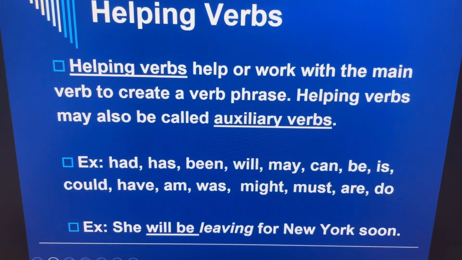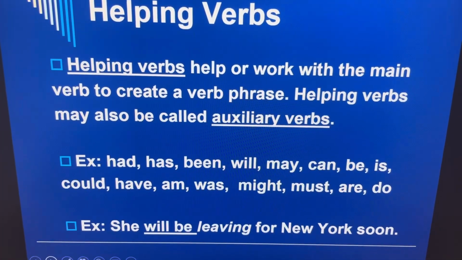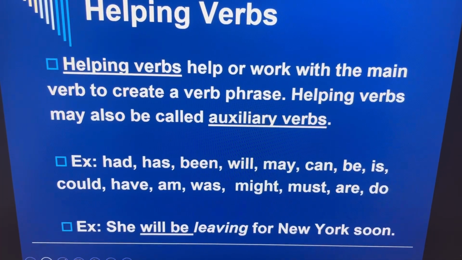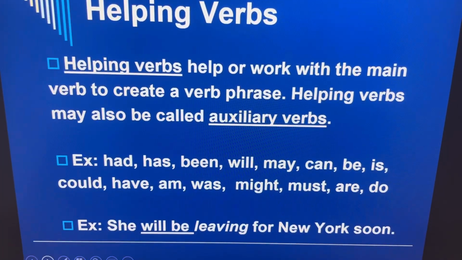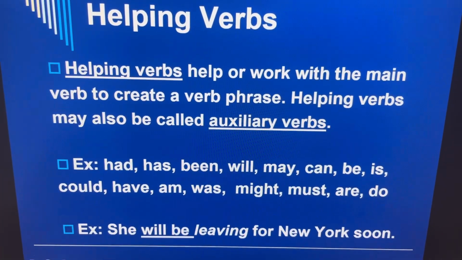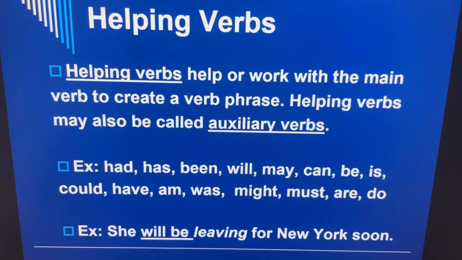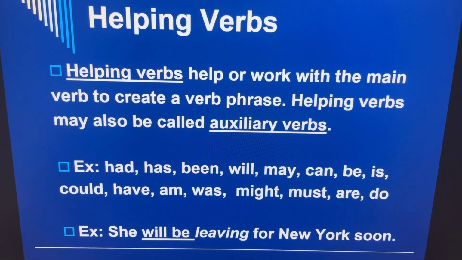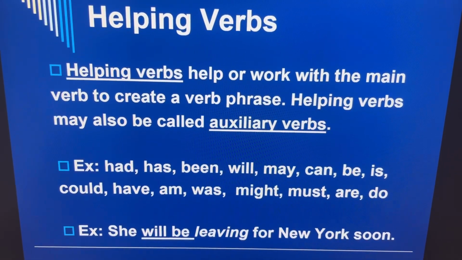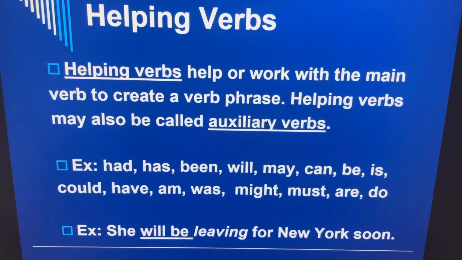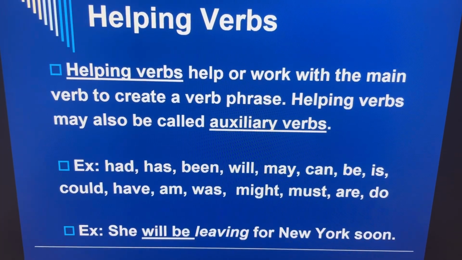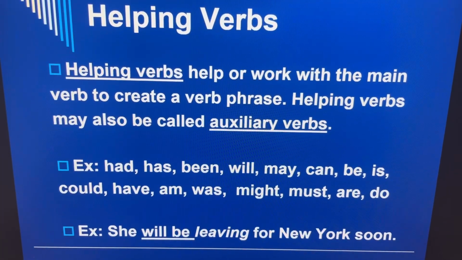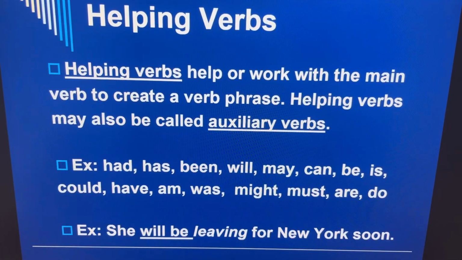हैड, हैज, बीन, विल, मे, कैन, बी, इज, कुड, हैव, एम, वॉज, माइट, मस्ट, आर, do. All these are helping verbs which come to tell us about the tense. She will be leaving for New York soon.